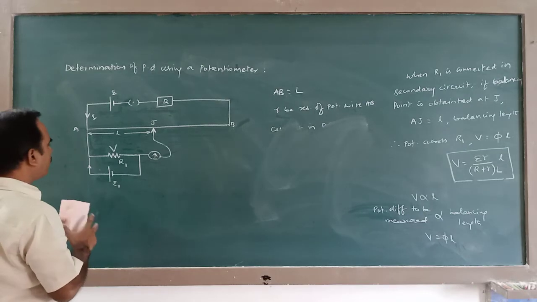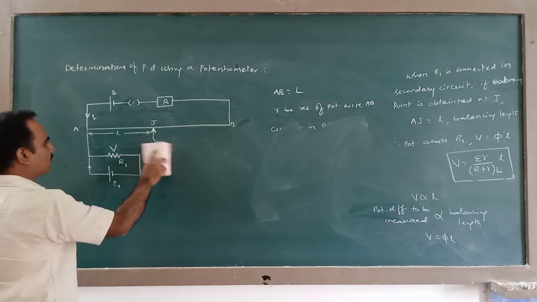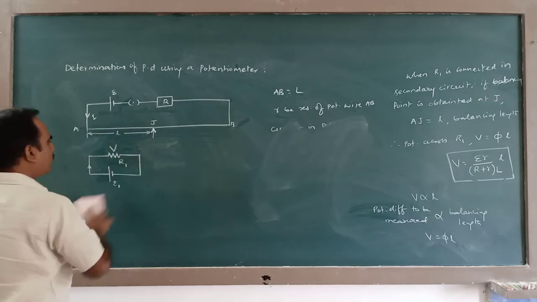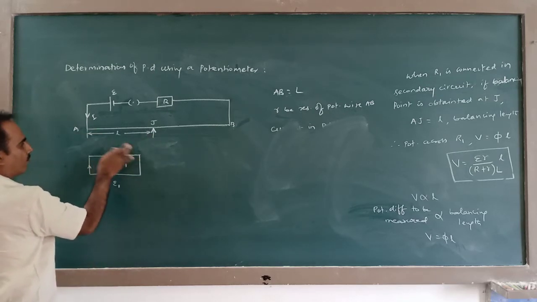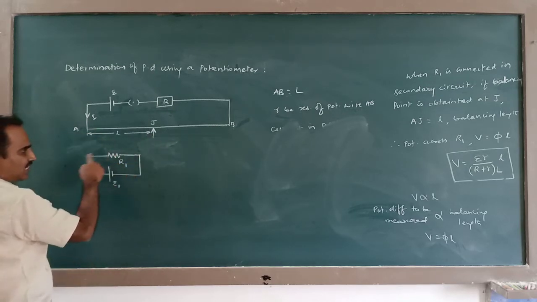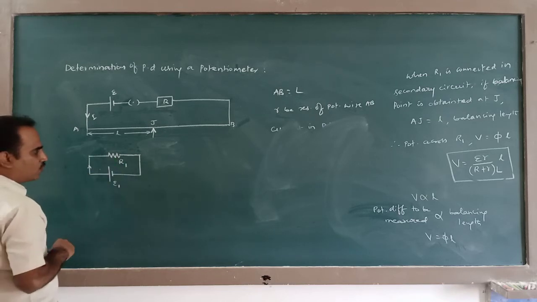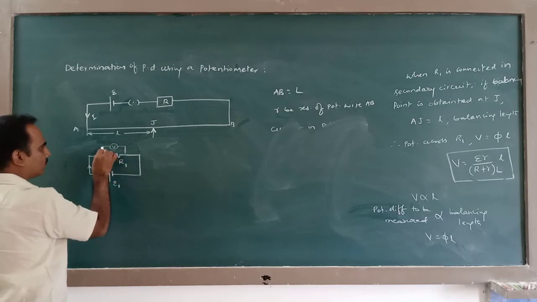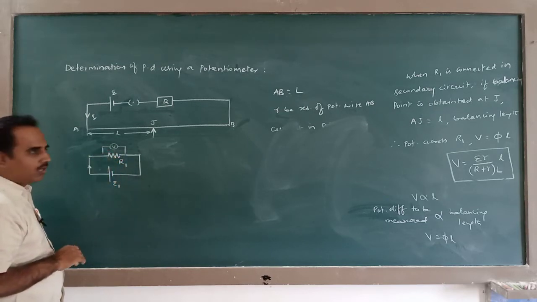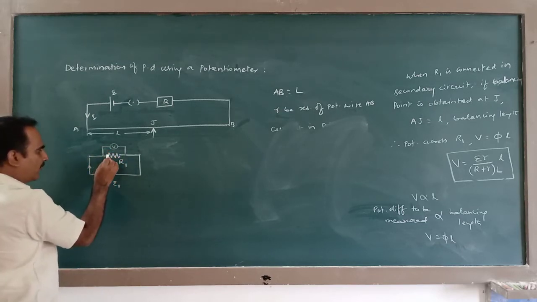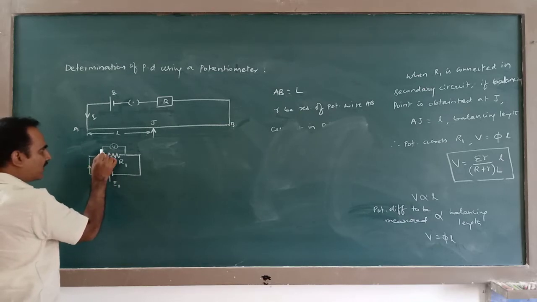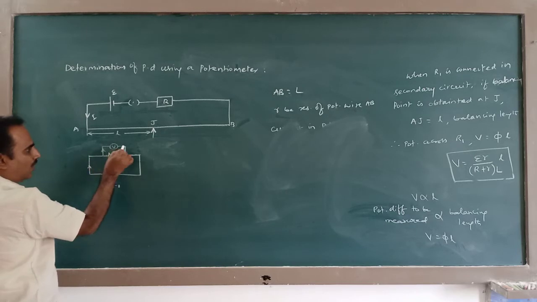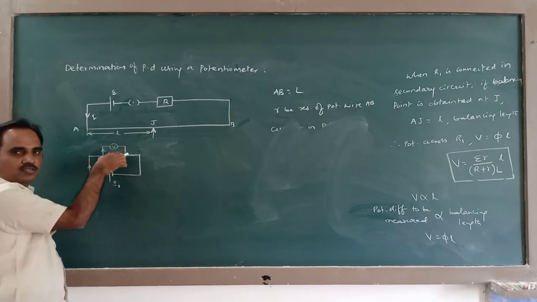Suppose you want to measure the potential difference using a voltmeter in this circuit. What do I have to do? I have to connect a voltmeter like this. This voltmeter draws some negligibly small current and then measures the potential difference.